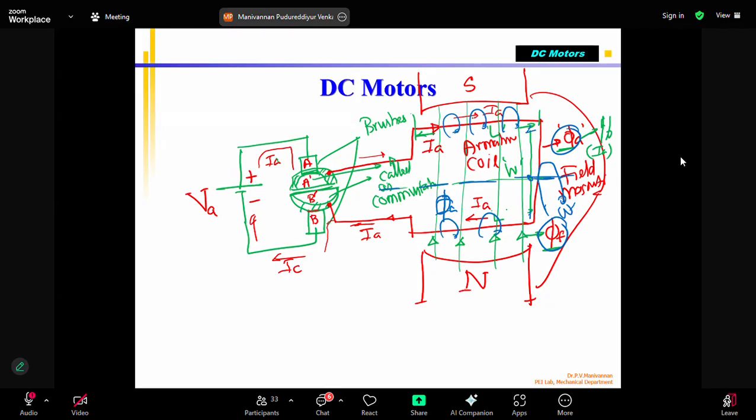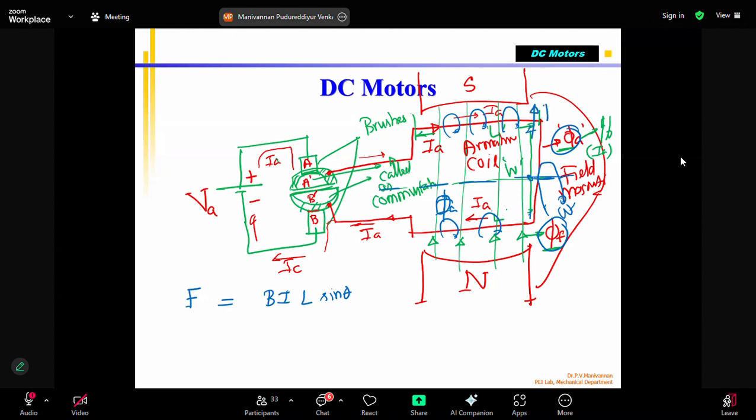Now that means these two magnetic fields, north and south pole, correct? They start exerting a force on each other, attracting and repulsive. That force we call F. F for the single turn will be given by B I L sin theta, where F is in Newtons, correct? The force will act like this.